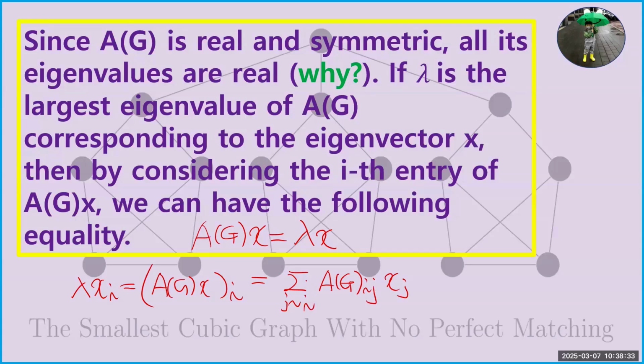Well, if you consider just a simple graph, then the A(G) ij entry is just 1 if j is adjacent to i, so you can just remove this part. But if you consider multigraphs, then you have to consider this one because it may be 2 or even bigger than 2.